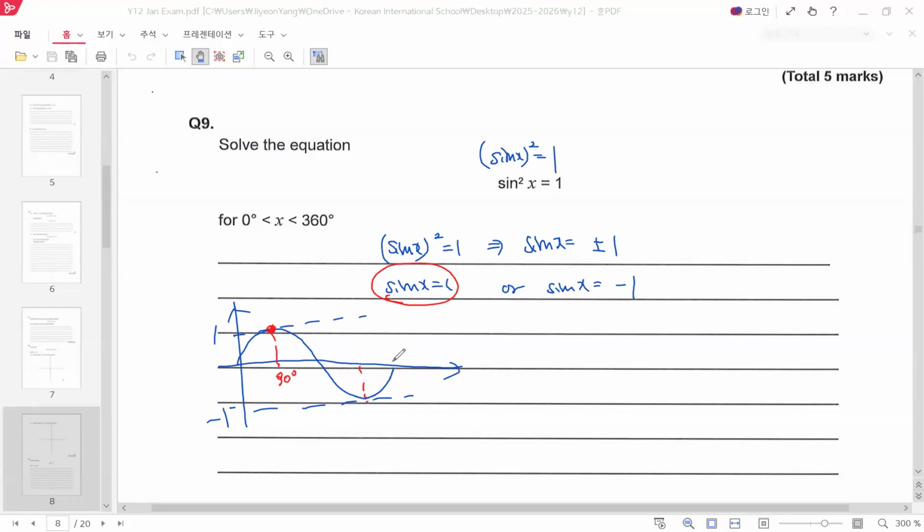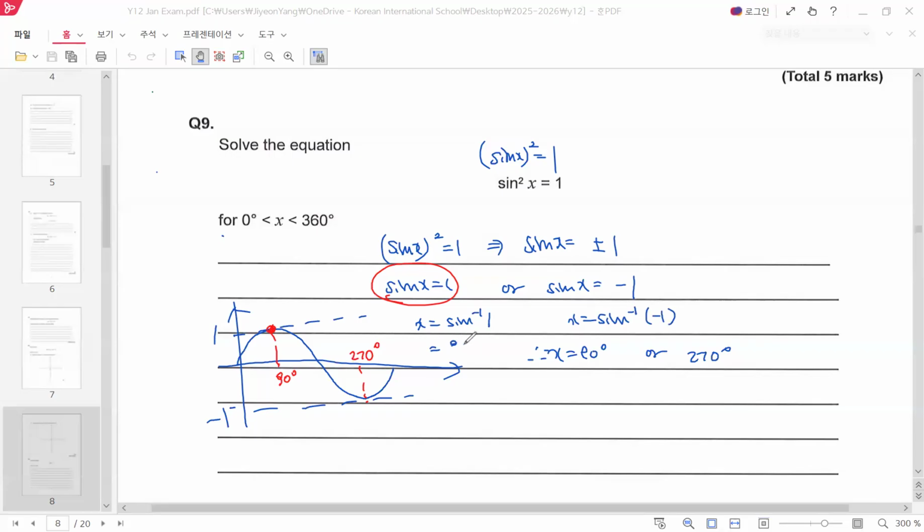Sine value is negative 1 when x equals 270. Therefore, x equals 90 degrees or 270 degrees. Or you can use the inverse function: x equals sine inverse 1 and x equals sine inverse negative 1.